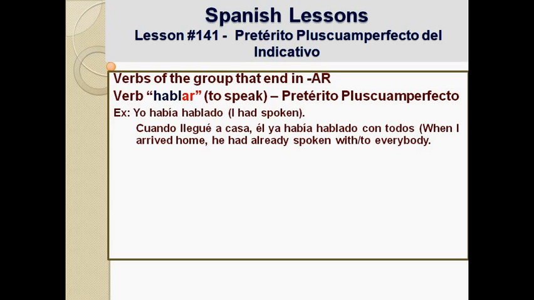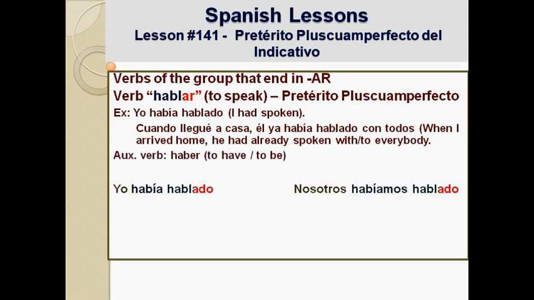So here, had spoken is pretérito pluscuamperfecto, or había hablado, right? Already corresponds to the word ya, the y and the a. This means already in Spanish, right? And we can omit this word if we want. It doesn't change the meaning.